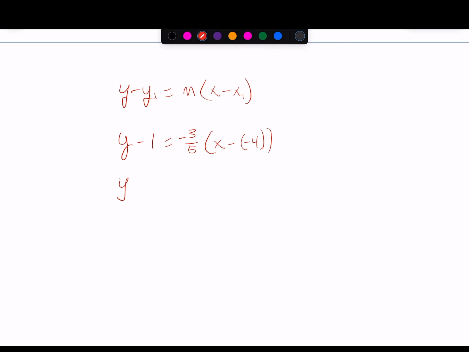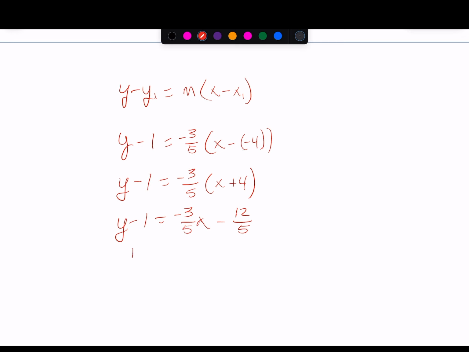So we can simplify what's in the parentheses to leave negative 3/5 x plus 4. And then we can distribute negative 3/5 x plus, well, it's not going to be plus because we have the minus there, minus 4 times 3 is 12 over 5.